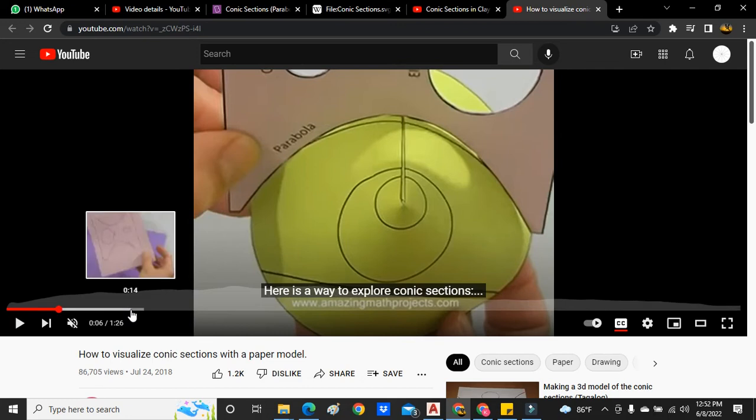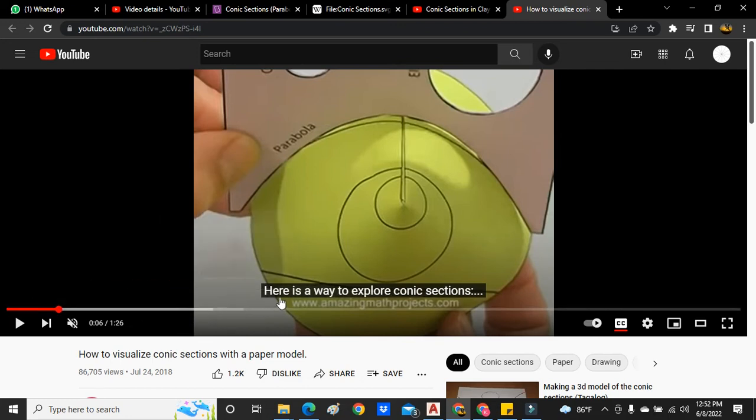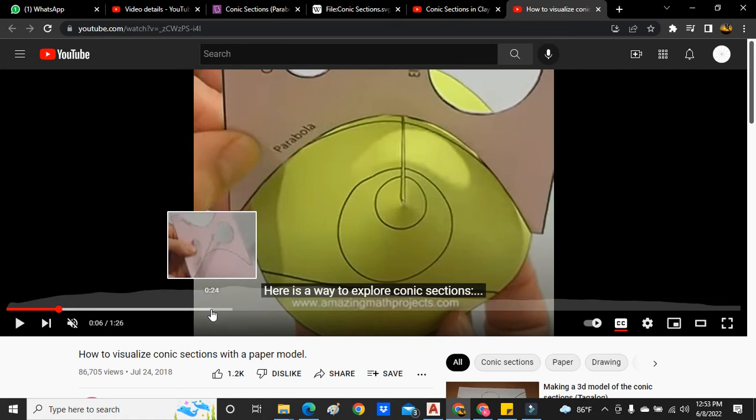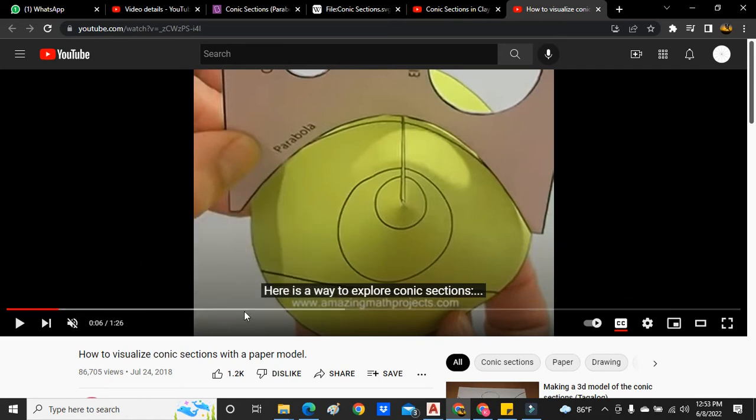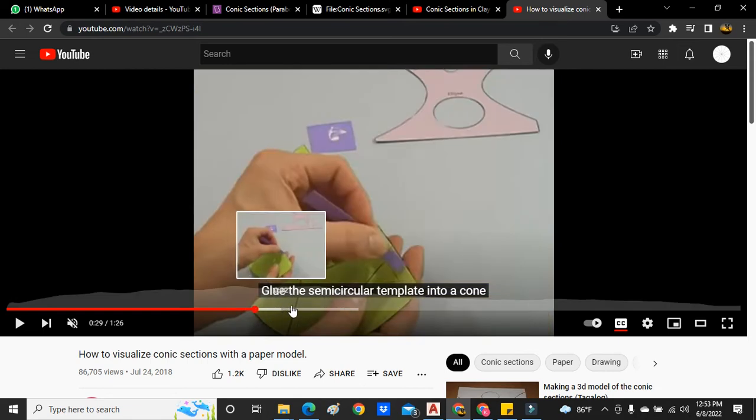And as we said, a cone is a solid figure, but if you cut a cone at specific angles, you can get different geometrical constructions. So just allowing it to load so we don't have to go back.